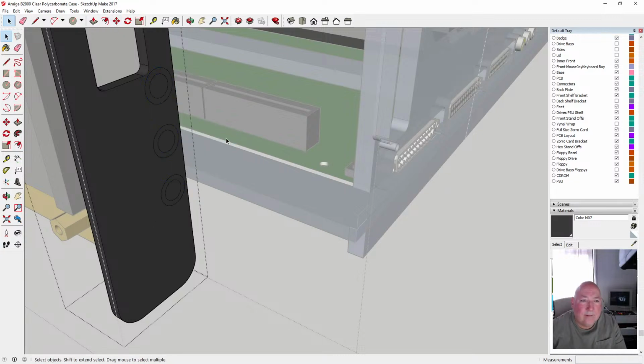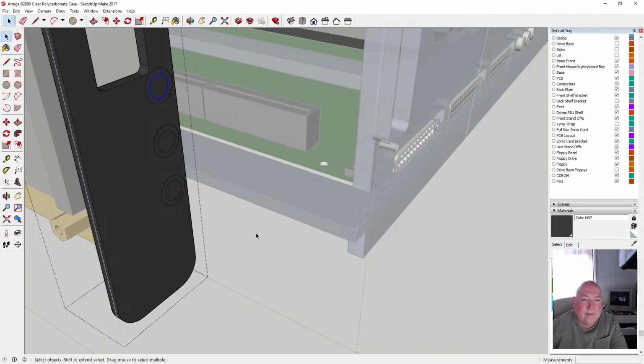Intersect the faces with the model. Right, so yeah, okay there. So should we grab that and push it down? Should be able to. No, it's no longer there, so right, okay.